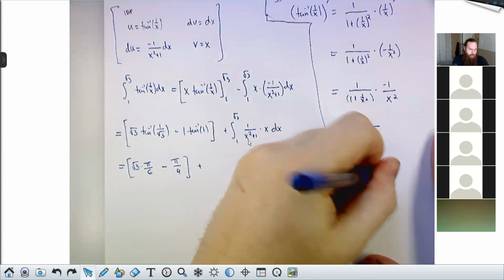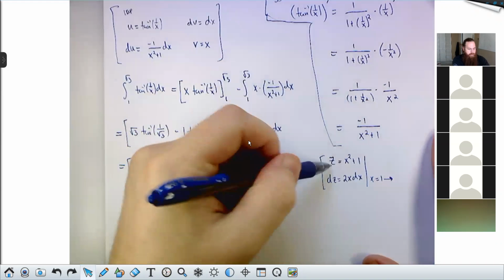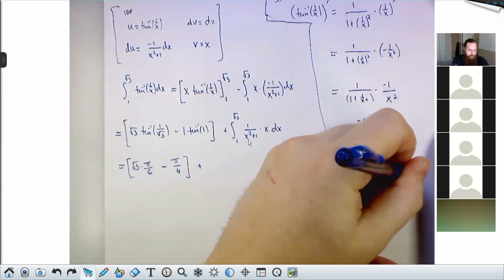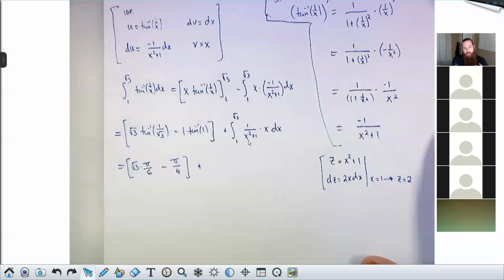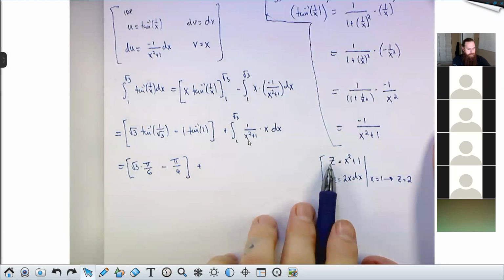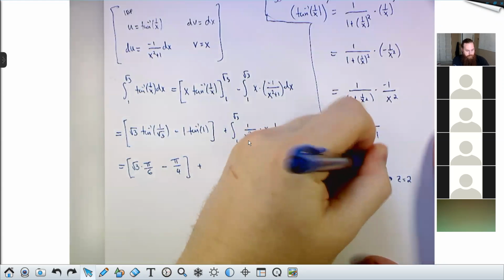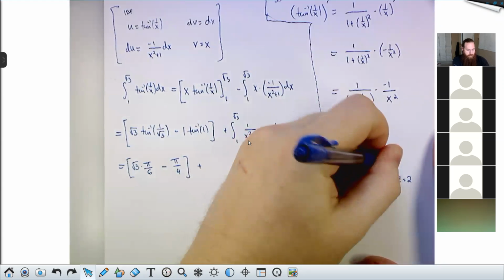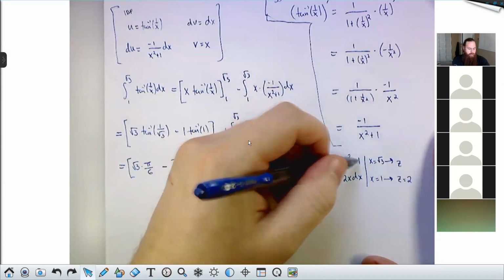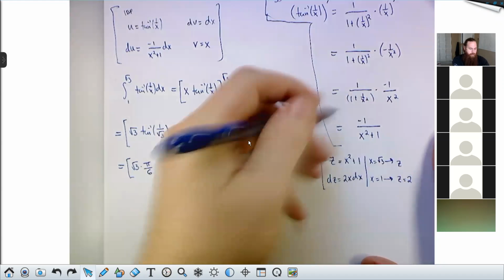When x is equal to 1, z is equal to 1 squared plus 1, that's 2. If you don't change your bounds on your definite integrals, I will be taking points off. When x is equal to the square root of 3, z will be equal to the square root of 3 squared plus 1, which is 3 plus 1 is 4.